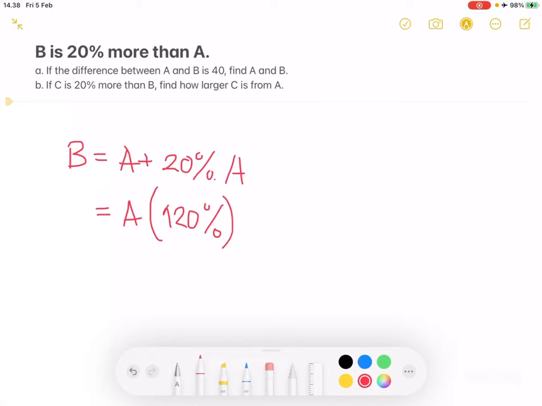That's just 100% plus 20%. Simplifying this, we get 120 over 100 of A, which after simplifying will be 6 over 5 A.